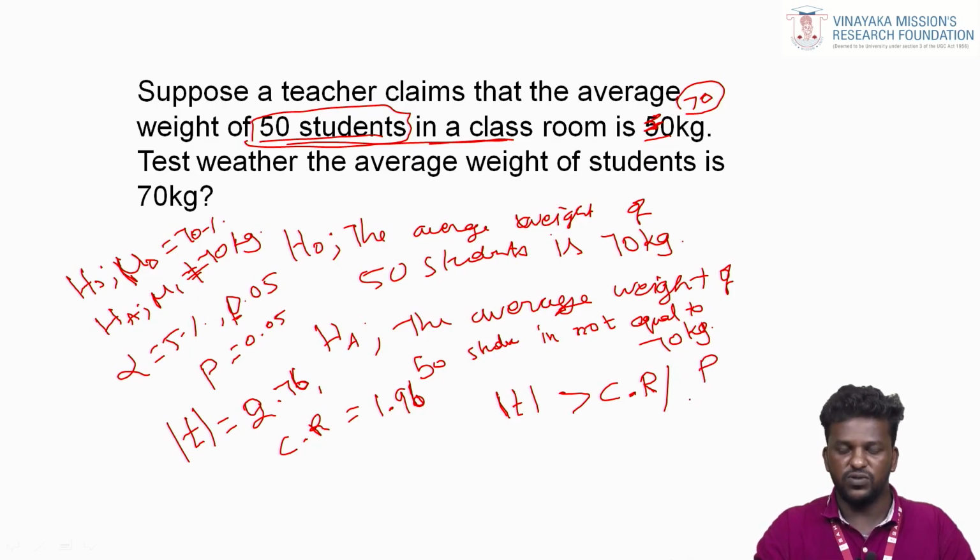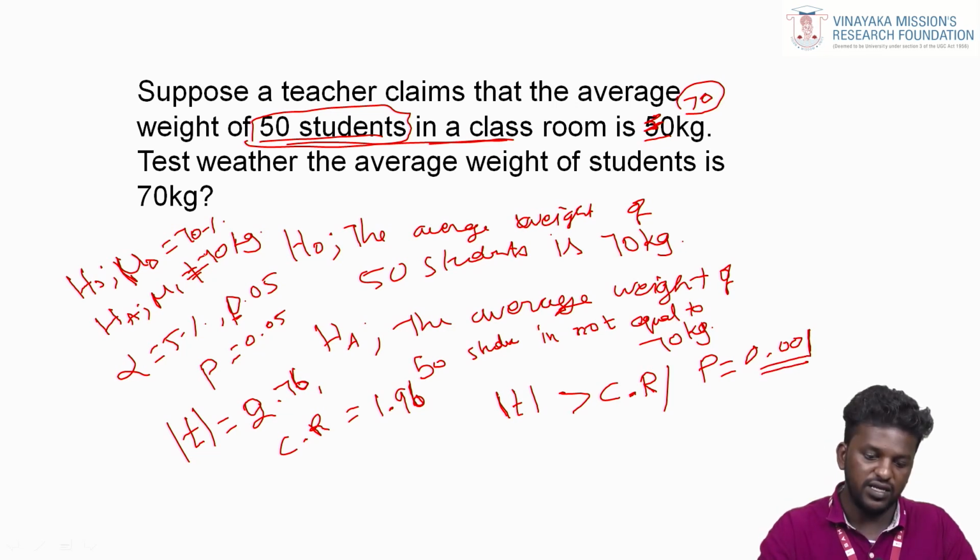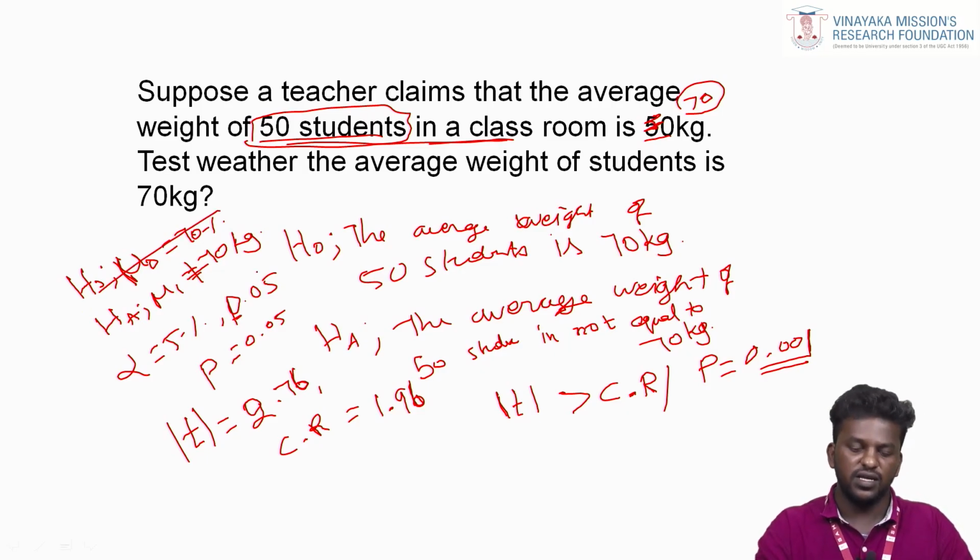My assumed p-value is 0.001, so my p-value is less than 0.05. This indicates we reject the null hypothesis. So there is a difference in the average weight of the students, which means the teacher's assumption is wrong.